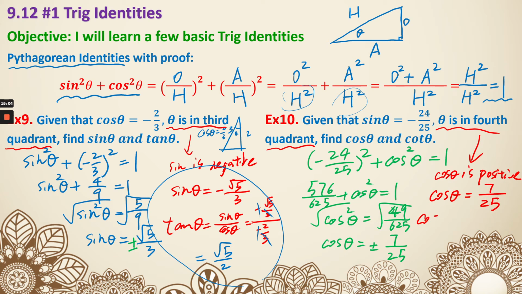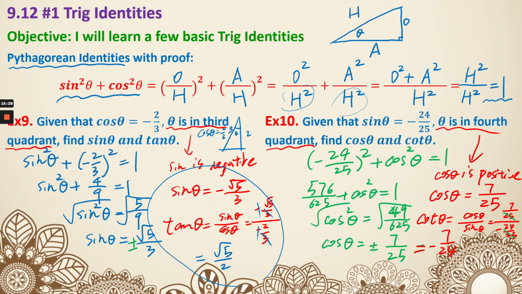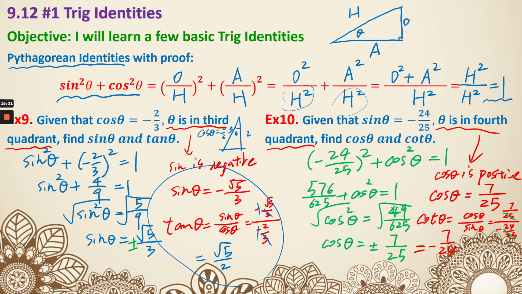As for cotangent, cotangent is cosine over sine, so it's going to be 7/25 over negative 24/25. The 25 just crosses out, so you are going to end up having negative 7/24. That's how we actually use these to solve for the other functions.